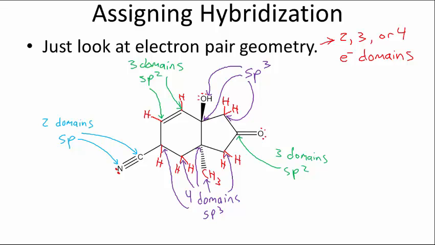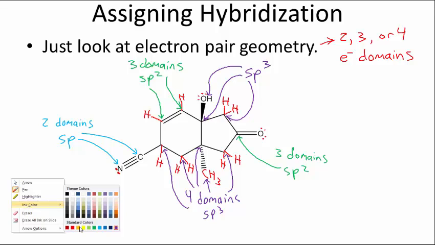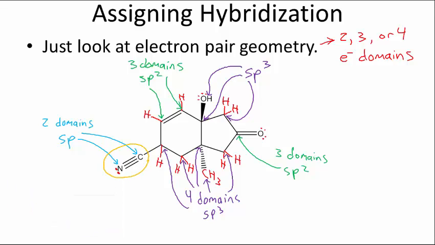All right. Hopefully you've assigned the hybridization to each atom. One thing to note, hydrogen never gets hybridized. Hydrogen only has a 1s orbital. So it's kind of the one exception to all this. We never talk about hybridization for hydrogen. Another thing to note, the group that we started with, that CN group, does anyone remember what we call that functional group? That's right, it's a nitrile.